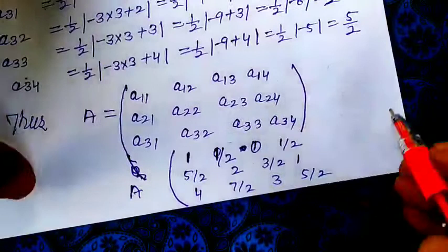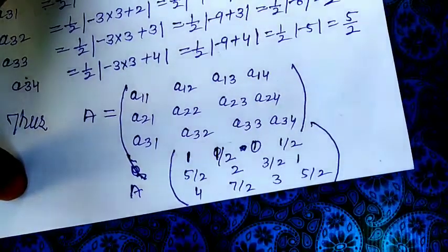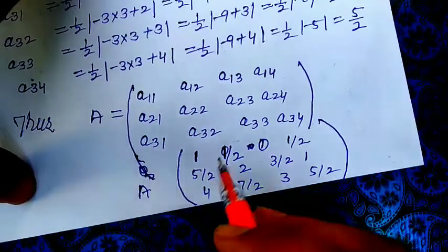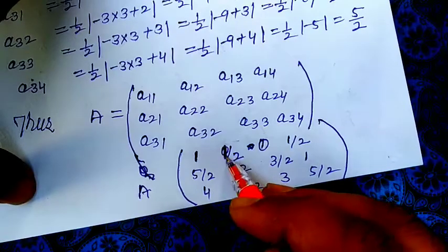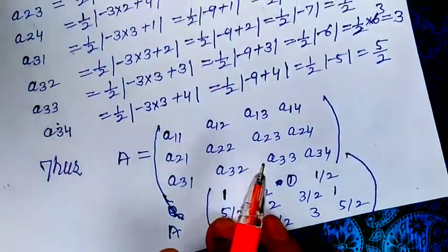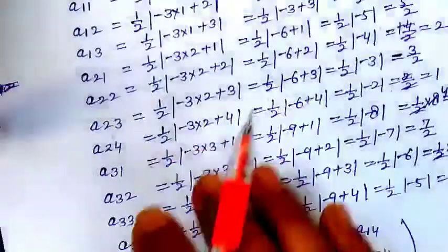So we can easily put all the values here, isn't it? This is the first part.